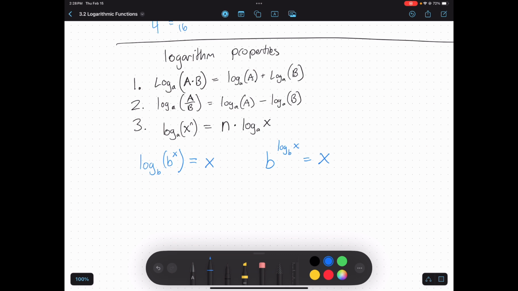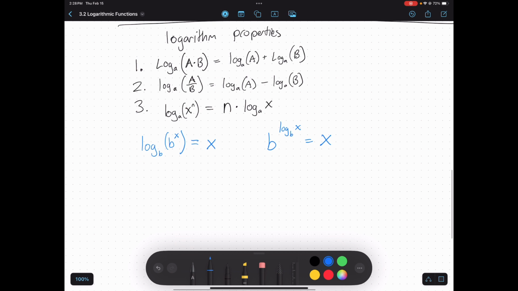So do we see how these two functions cancel each other out? If I take the log of b to the x with base b, those cancel out and I'm left with x. If I take log base b and I put it as a power to a base b, they cancel out and I'm left with x. Okay.